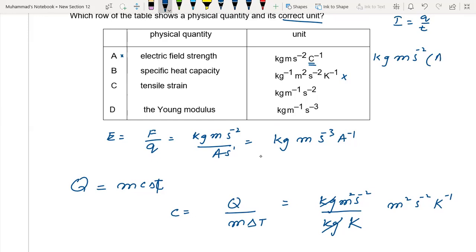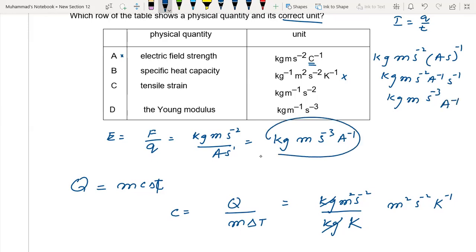So coulomb is ampere second, whole power minus 1, that is kg m s minus 2 A minus 1 s minus 1, that is kg m s minus 2 minus 1, that is s minus 3 A minus 1. So this is the same as this. So A is correct. Okay. Sorry, I didn't notice this C. So electric field strength has this unit kg m s minus 2. This is force, and this is force per coulomb. That is the unit of electric field strength.